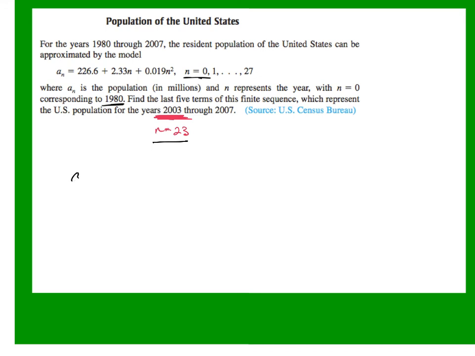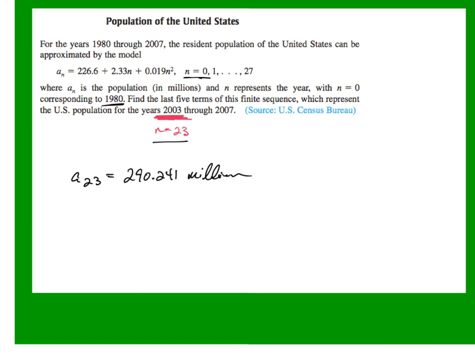So all we're going to do is just find A sub 23. But really, this question asks you to find A sub 23, A sub 24, A sub 25, and so forth. All right, so just substitute in 23. And what do we get? 241 million people. All right, pretty good.